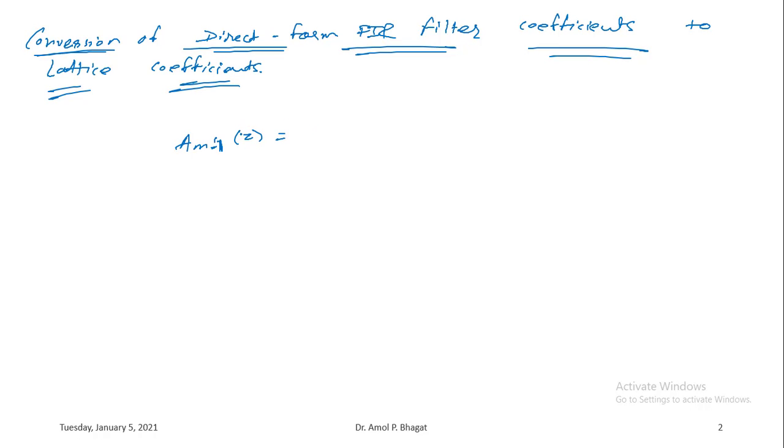So for that purpose we'll be using this equation, that is am minus 1 of z is equals to am of z minus km bm of z upon 1 minus km square, right?